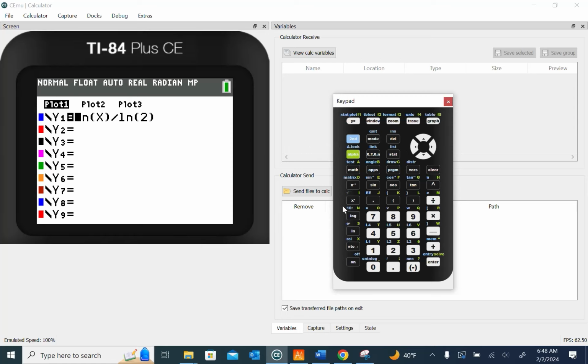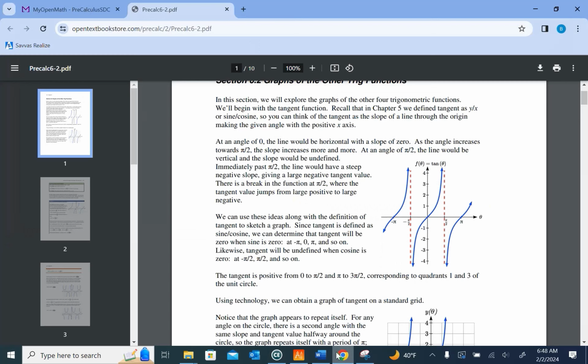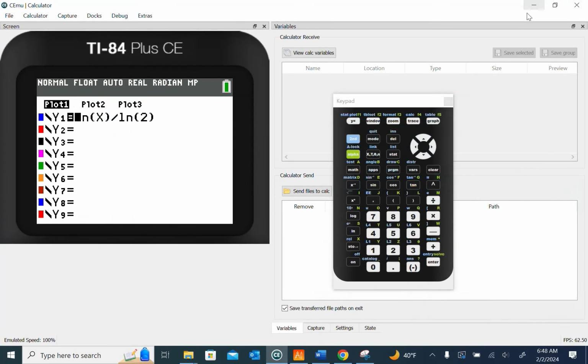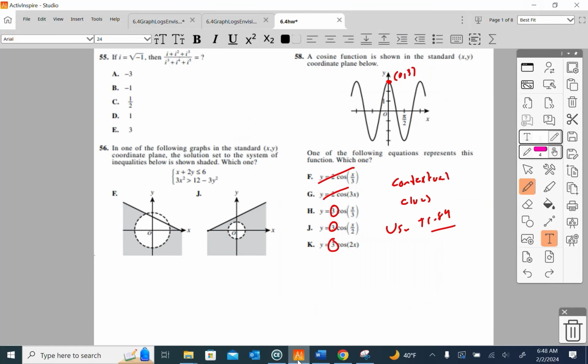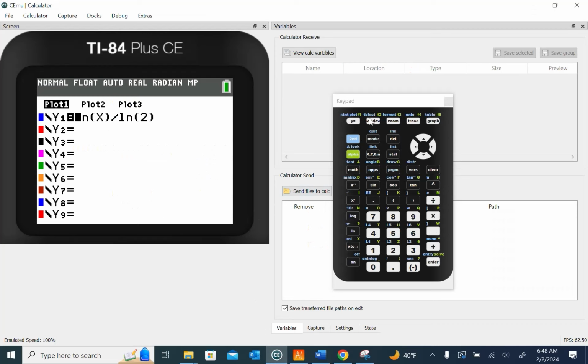All right. Now, what I'm going to do is graph some of these things, and play with the window at the same time. So I notice that my graph goes up to 3 and down to 3, and I don't actually need the whole graph, but if this is pi over 2 on the right, then this has to be negative pi over 2 on the left. So I'm going to go to my window settings.